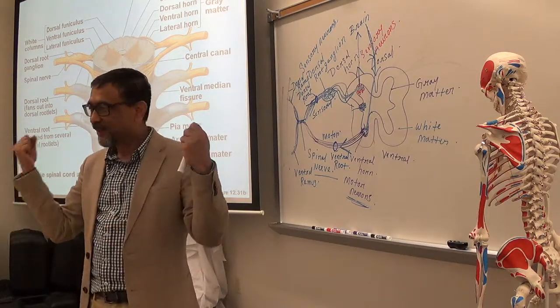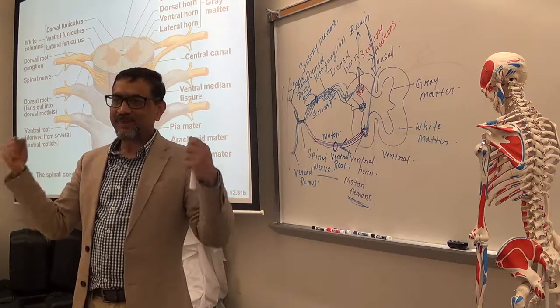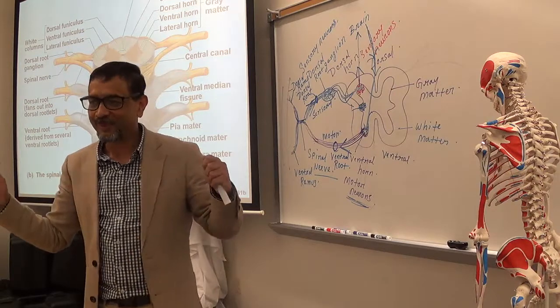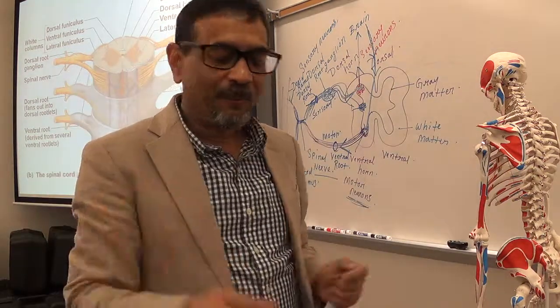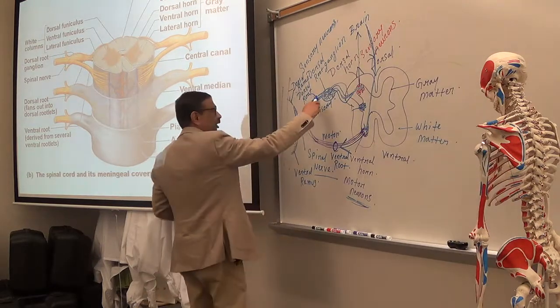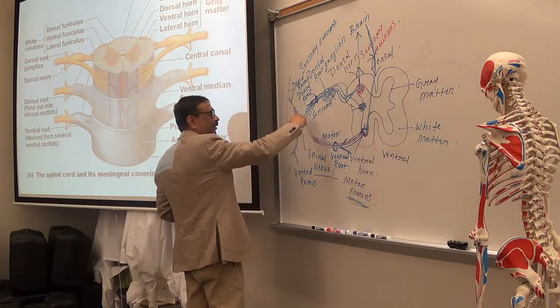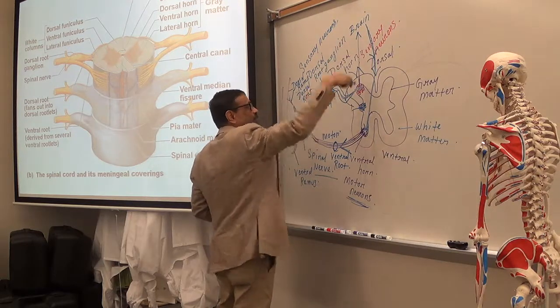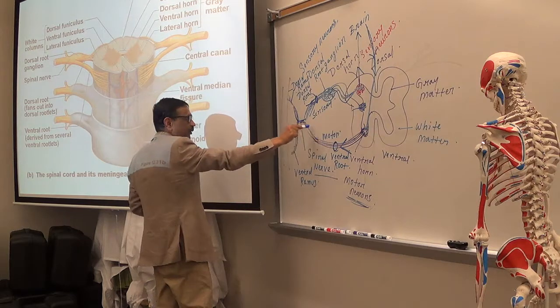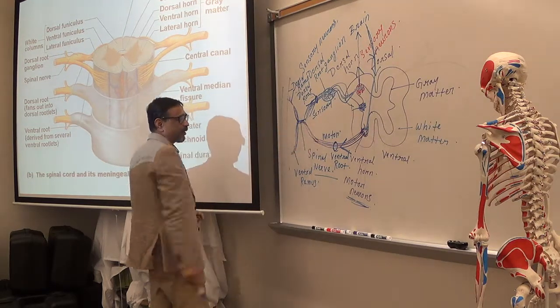Because movement, motor. Motor controls the muscle, not the skin. Skin cannot move the body part. Is it clear? So, from the skin, the sensory signal will travel through the dorsal pathway to the brain, and from the brain, the motor will go to the muscle through the ventral pathway.